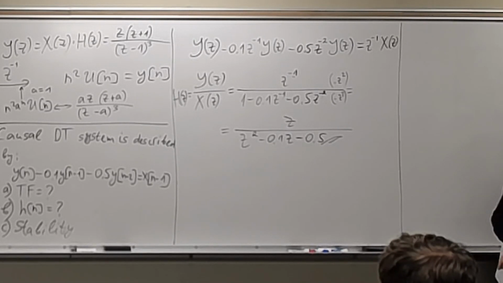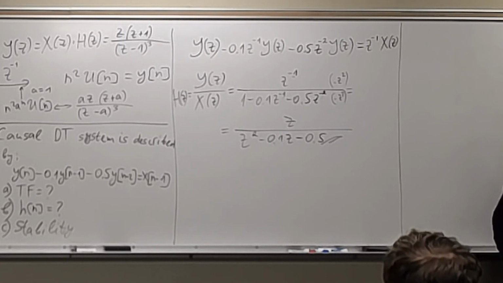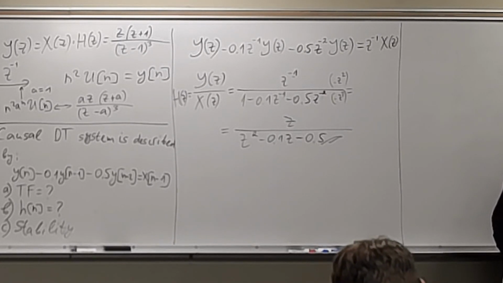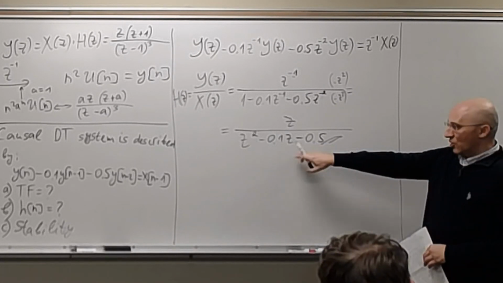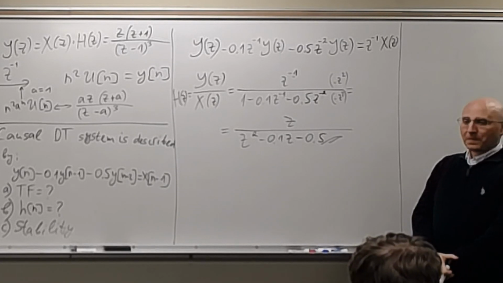Inverse what? Inverse of the h of z, going back from z. So you just need to find the inverse transform of that thing. Inverse z transform. This is h of n. Okay, this is h of z. h of n is the inverse z transform of h of z.